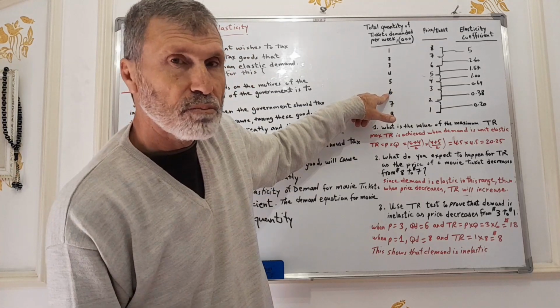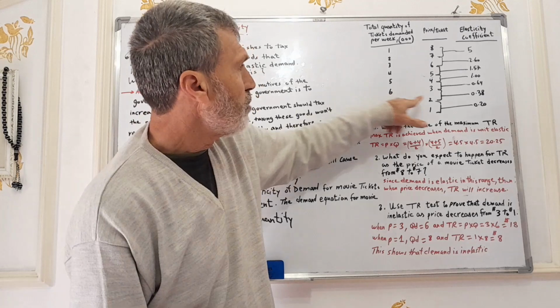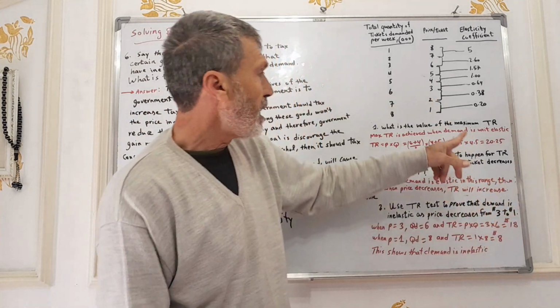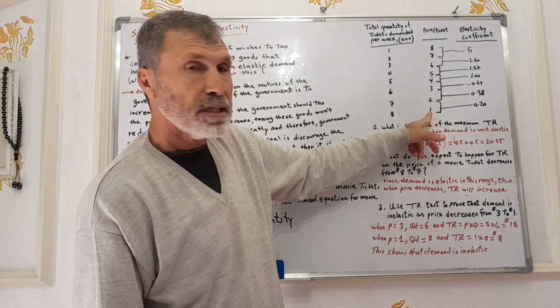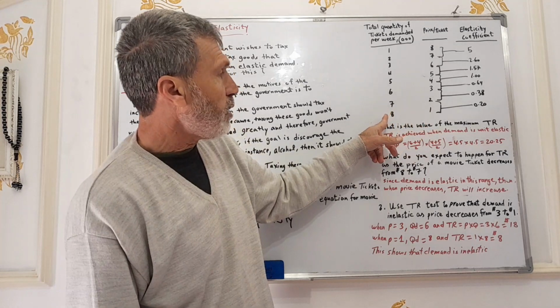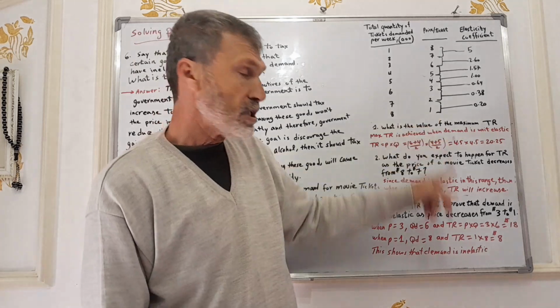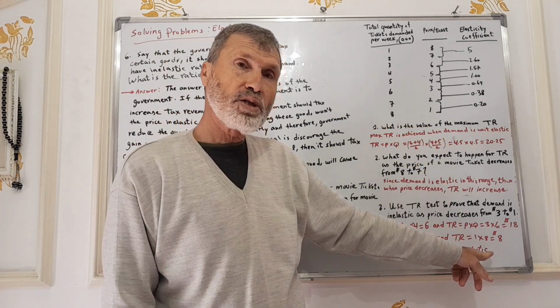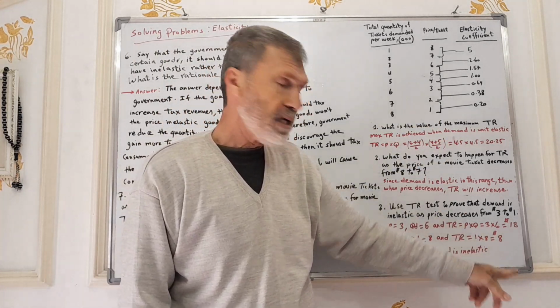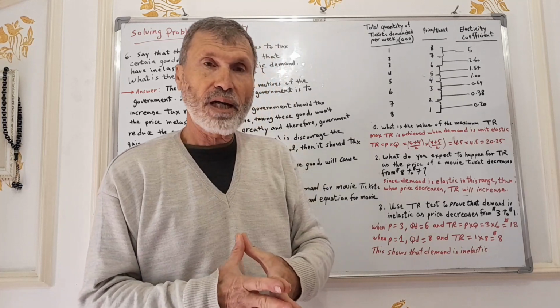Total revenue is 3 times 6, which is 18. And when the price is 1, quantity demanded is 8, so the total revenue is 1 times 8, which is 8. So as you can see, total revenue decreases from 18 to 8. Therefore, we prove that demand is inelastic.